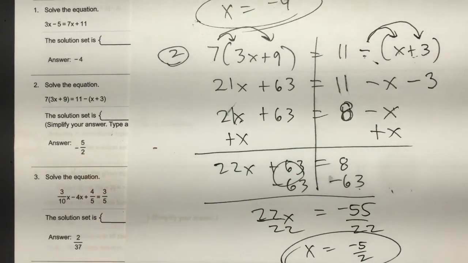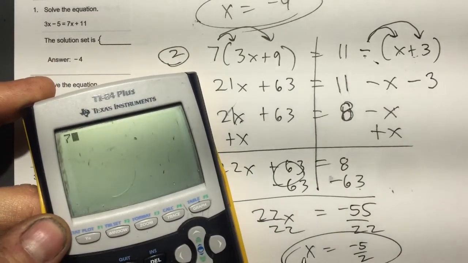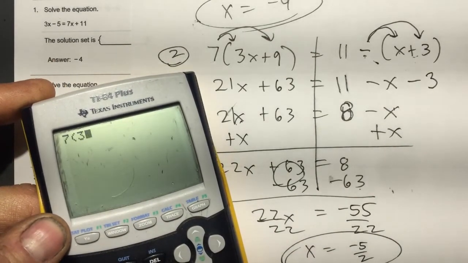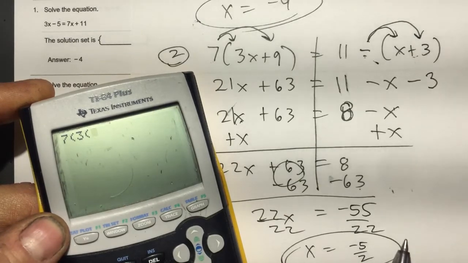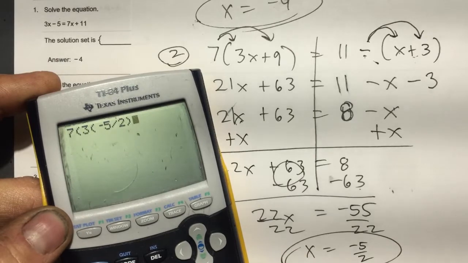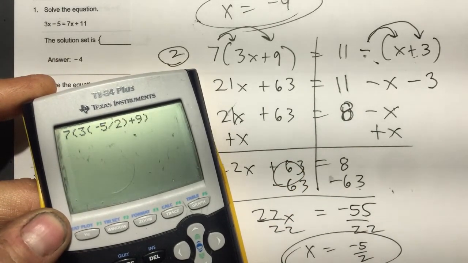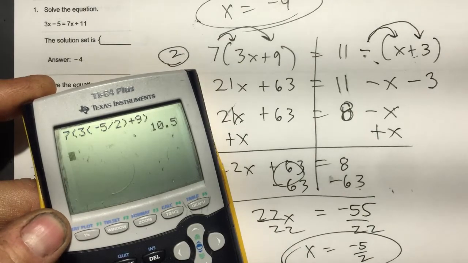Okay, but now what you want to do is you want to check it. Okay, so we're going to put this in both sides. So I got 7, parentheses, 3, and then a parenthesis again for my negative 5 over 2, and then plus 9, and then my parentheses there. That's a 10.5.